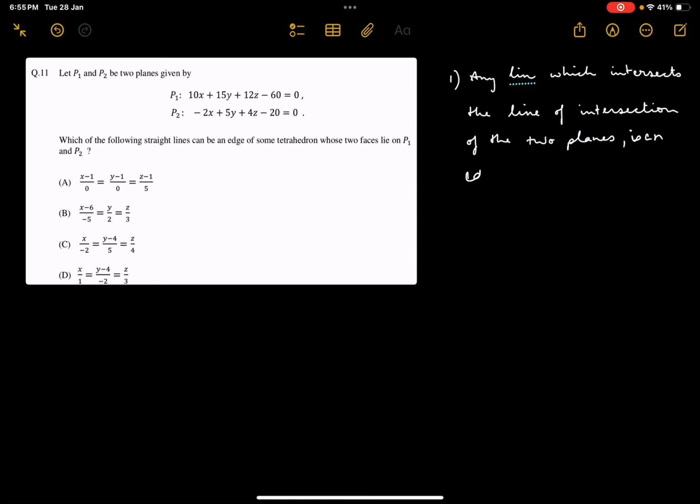If that is an edge, it must lie on one of the planes.